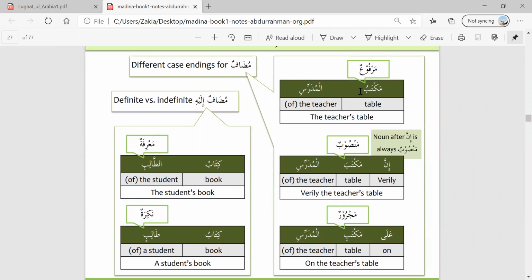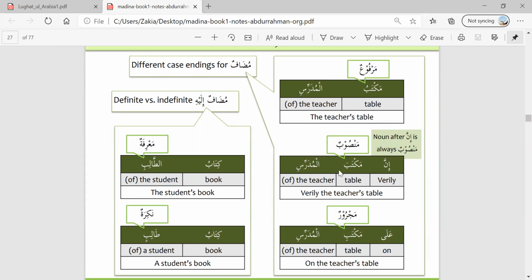Once again, let's quickly go through them. Normally you'd have maktabu mudarrisi, the teacher's table. Mudaf does not take al, and it won't have double voweling. If you place inna before it, then the second noun becomes mansub, which means it takes a fatha, the stroke above, because it's affected by inna.